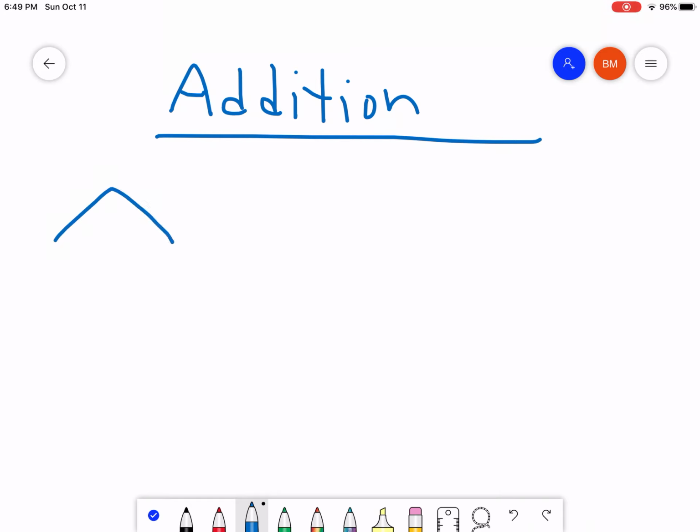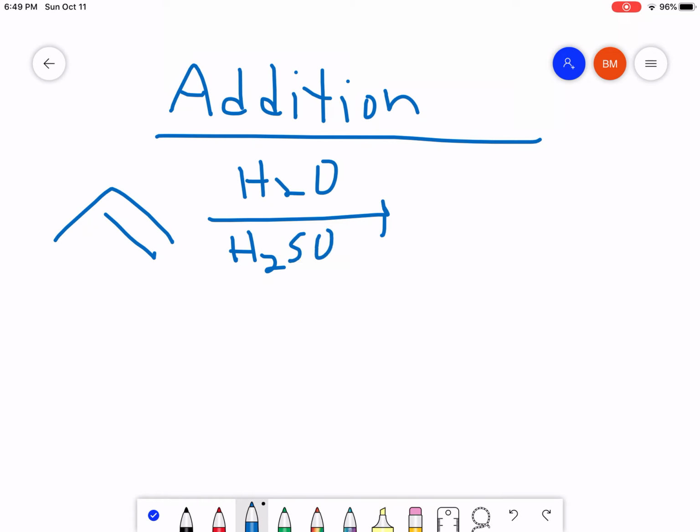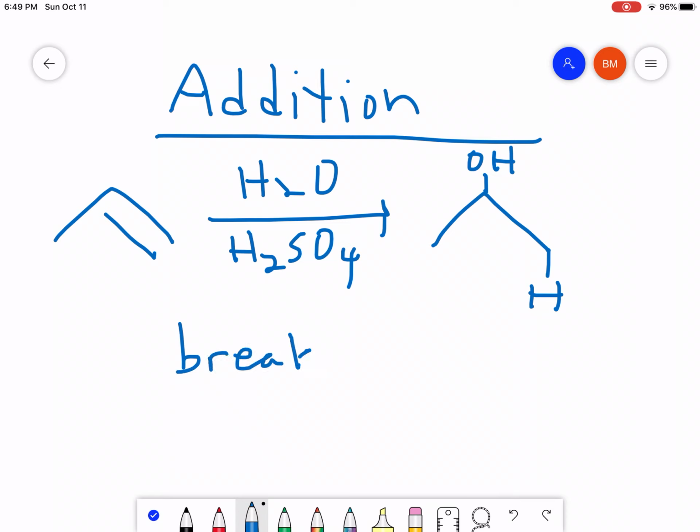If we took that same alkene that we just made, and we added water in the presence of sulfuric acid, which is a catalyst in this case, you create isopropyl alcohol. And I'll draw in that H. So this is literally the opposite of the reaction we just put up. And you see in this case we actually break 1 pi bond and you form 2 sigmas.